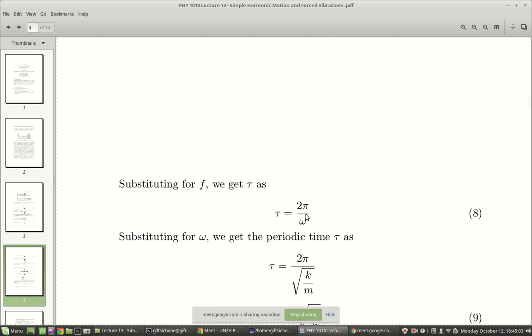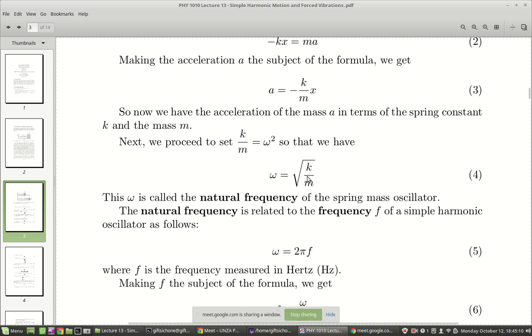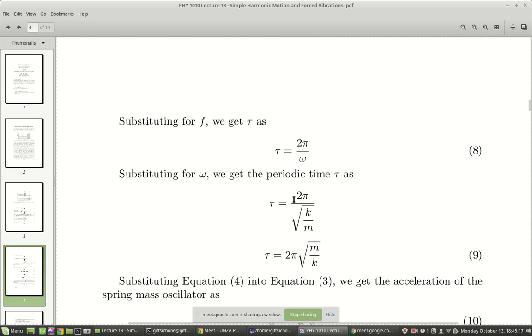This is how the period, how much time it's going to take an oscillator, is related to the natural frequency. For you to work out the time, you divide the angular distance by the angular velocity, equation number 8, and that gives us equation number 9. So that's how you work out the time.